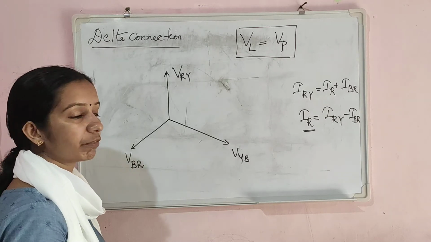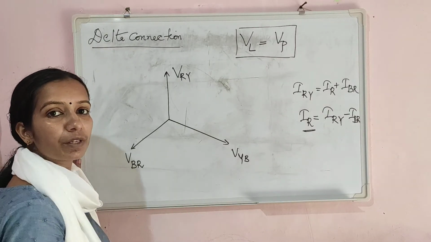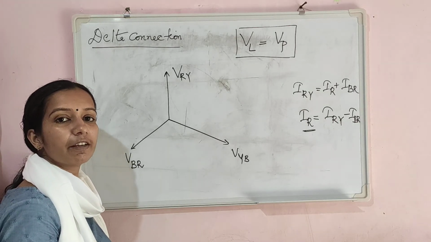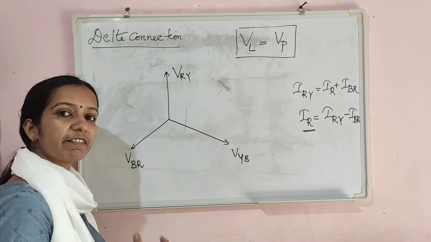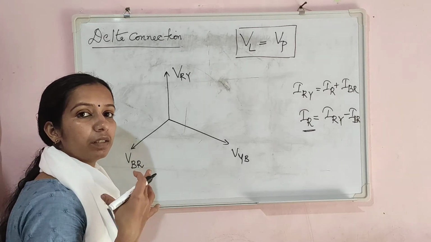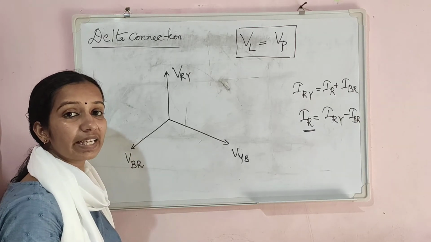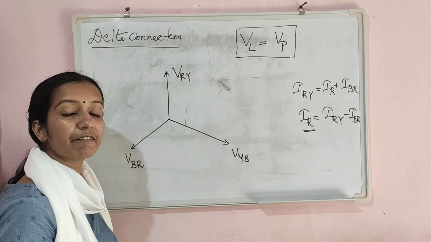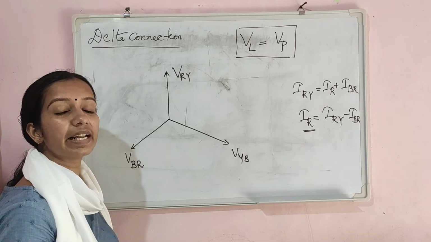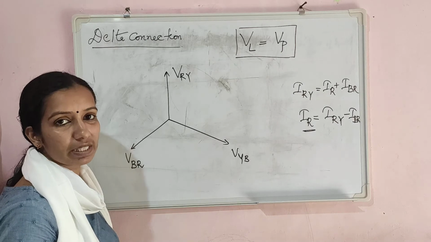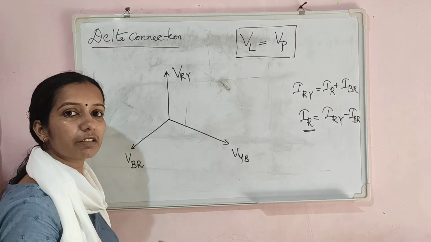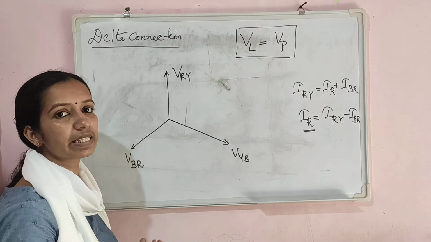Now we have to draw the phase currents. While studying the star connected systems, we discussed that all these windings are inductive in nature. That means they have a large value of inductance and a very small value of resistance. So they will exhibit inductive property, like a series RL circuit.